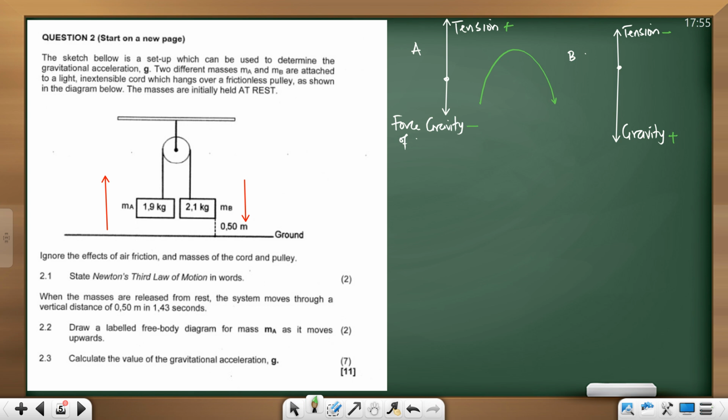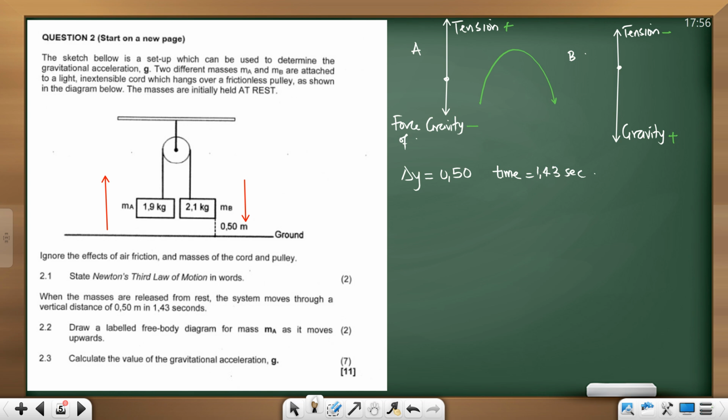All right. Now, we were told that when the masses are released from rest, the system moves through a vertical distance. So let's write what we know. We know our vertical distance of 0,50, and we have a time of 1,43 seconds.